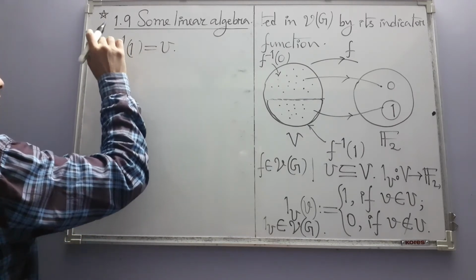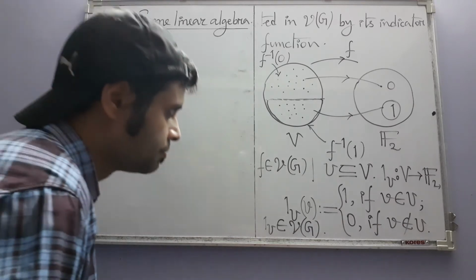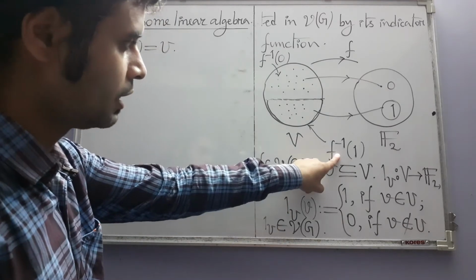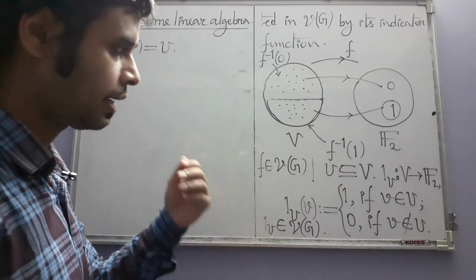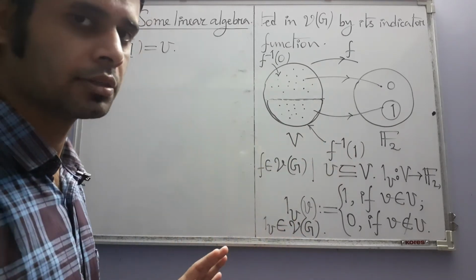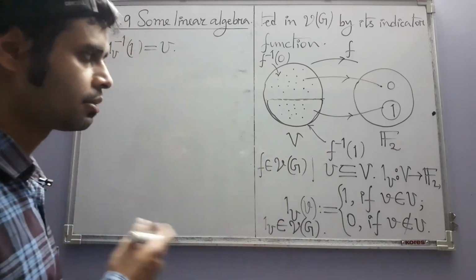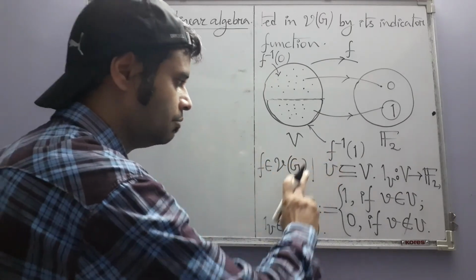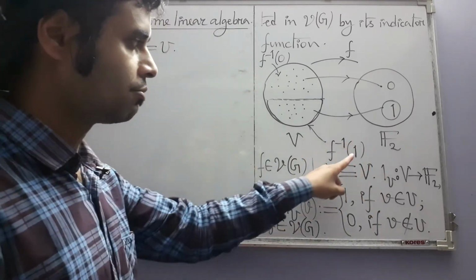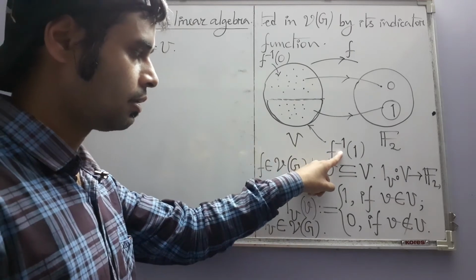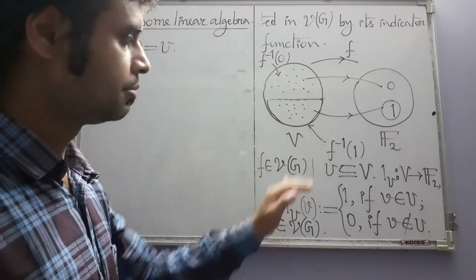From your function theory, recall that this notation f inverse of 1 is valid even when actual f inverse may not exist, because f may not be a bijective function. The interpretation of this symbol is not the value of f inverse at 1. This is not the meaning of that.